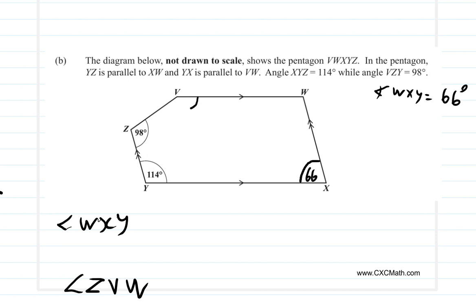ZVW is right here. Now, I want you to pause the video and complete this question for me. Okay, good. You paused the video and you completed the question. What did you get? Let's see what happens here.